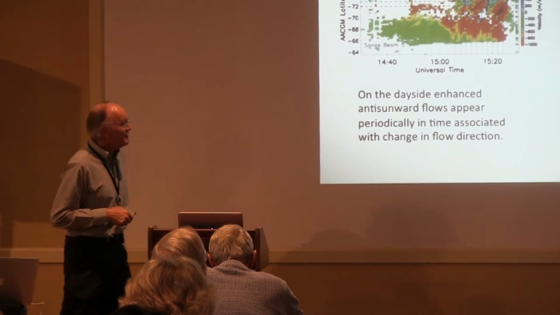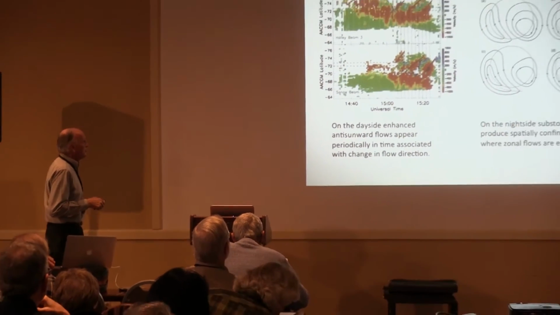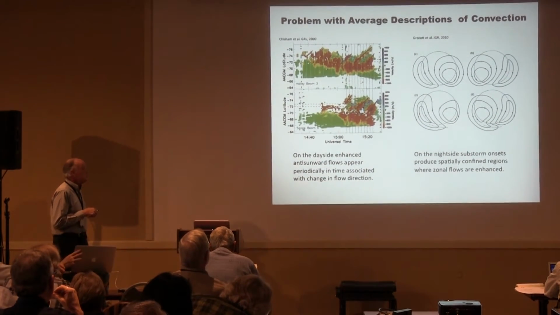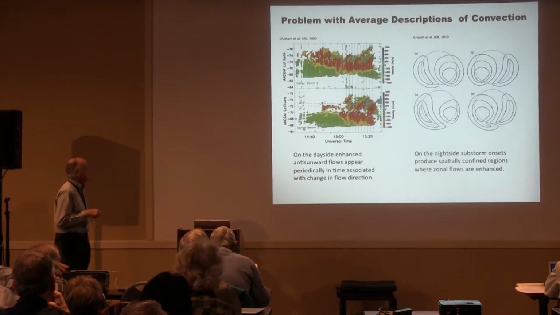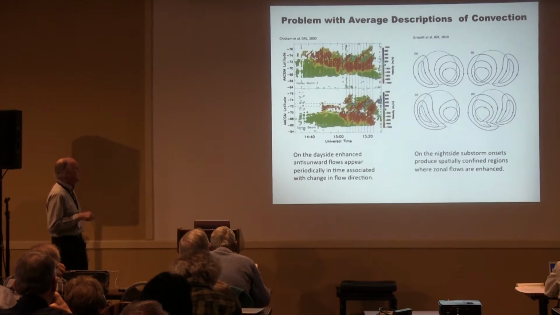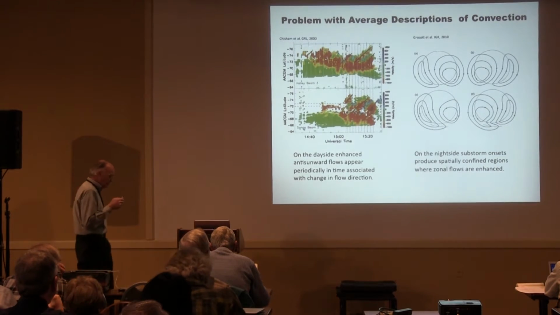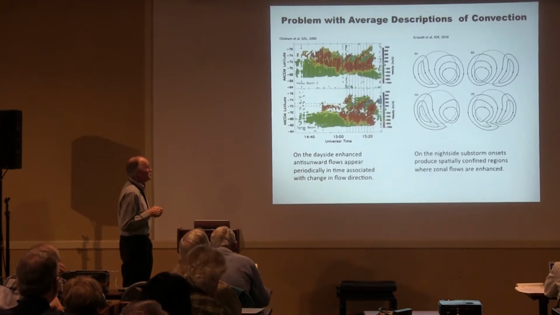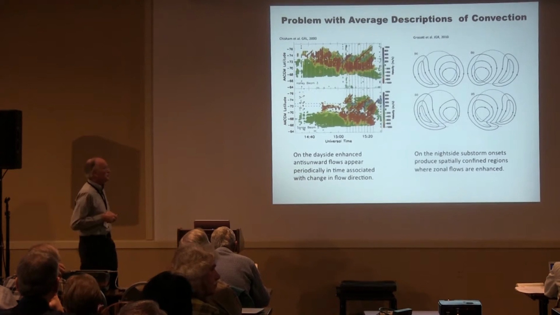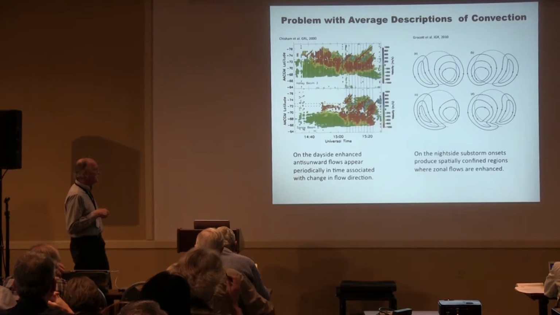Lots of advances have been made, not the least of which is the distribution of HF radars around the surface of the Earth that allows us to locally look at the convection just by looking at the Doppler-shifted echoes from moving plasma.